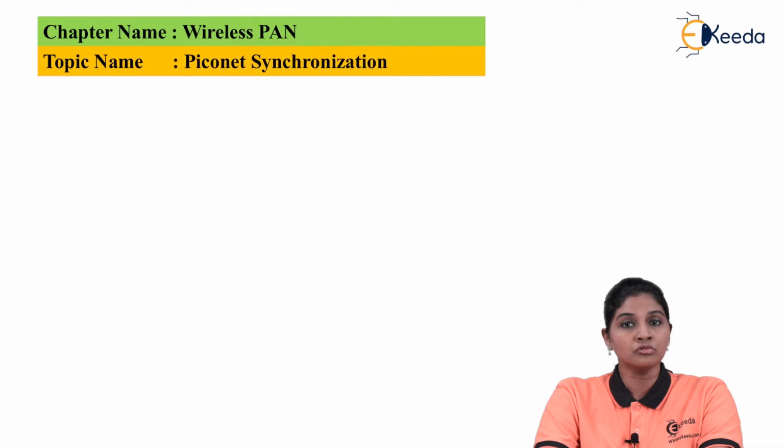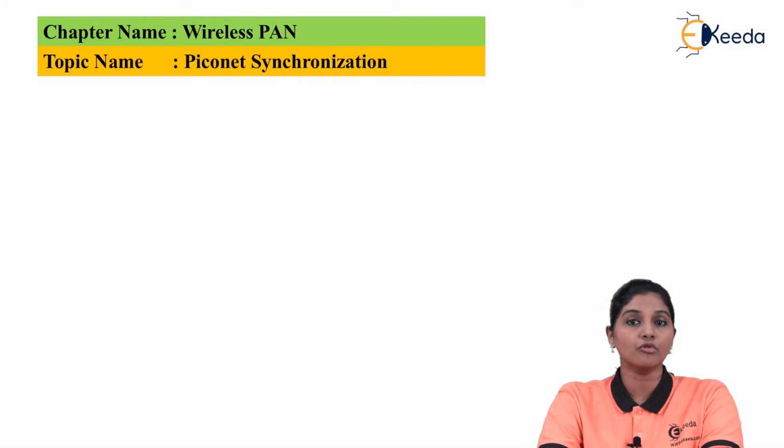Now, in case of Bluetooth, a Piconet is a network formed by two or more devices using Bluetooth technology. Bluetooth operates on the frequency range of 2.4 to 2.486 GHz, which is usually called the ISM frequency band.